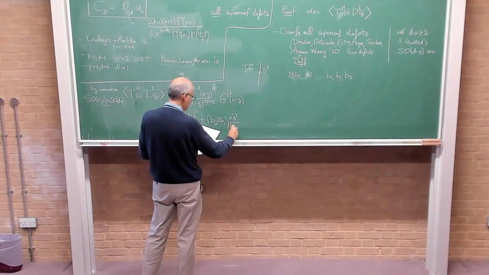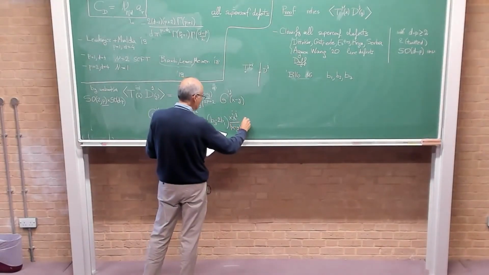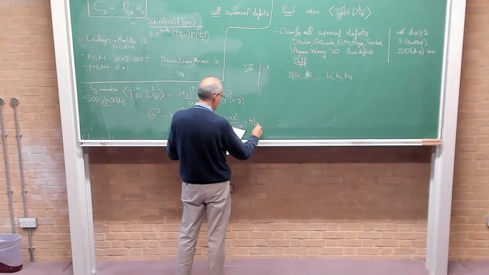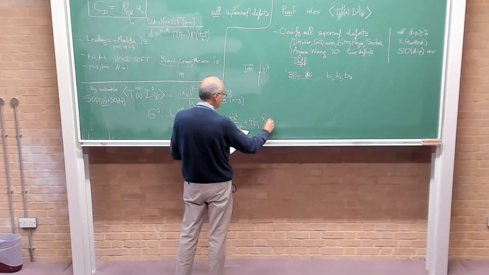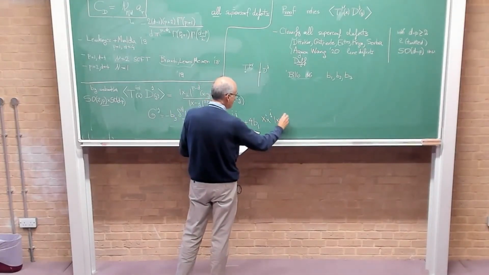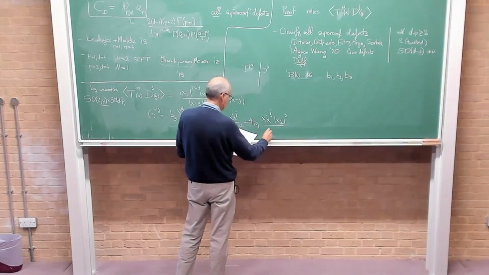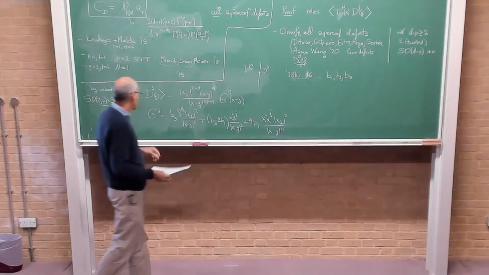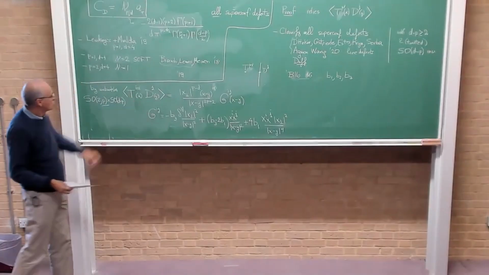The rest is fixed by scaling symmetry. And the fourth one is again x_i x_j over (x-y) to the fourth. So this is this particular two-point function.